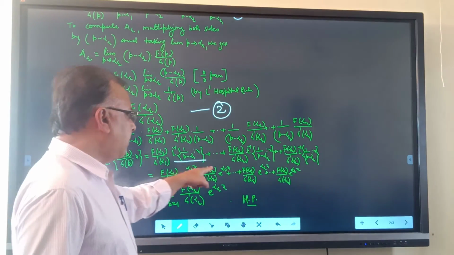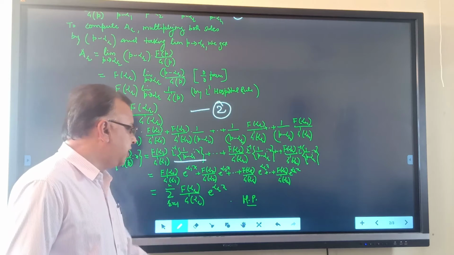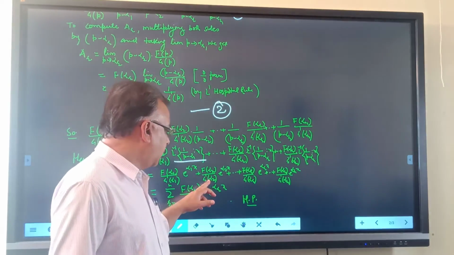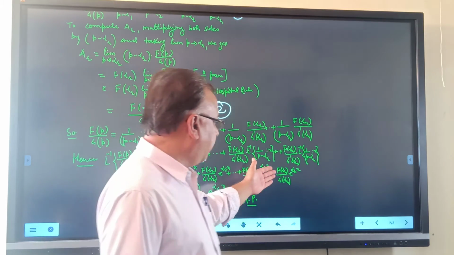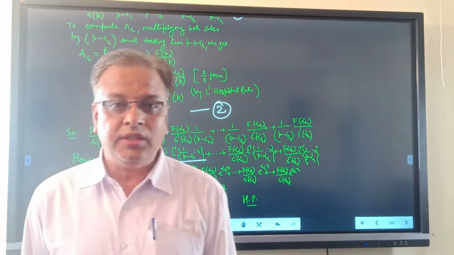Putting these into the result, we get f of alpha 1 upon g dash alpha 1 e raised to alpha 1 x plus f of alpha 2 upon g dash alpha 2 into e raised to alpha 2 x, and so on, f of alpha n upon g dash alpha n e raised to alpha n x.